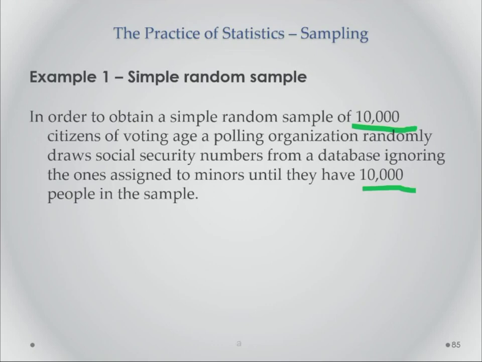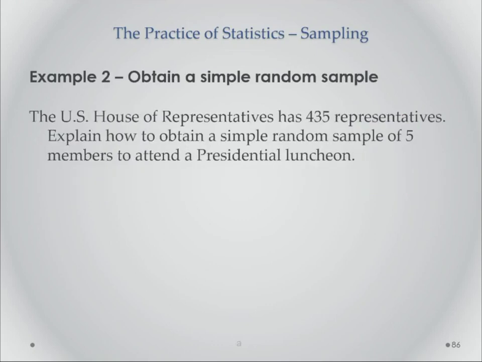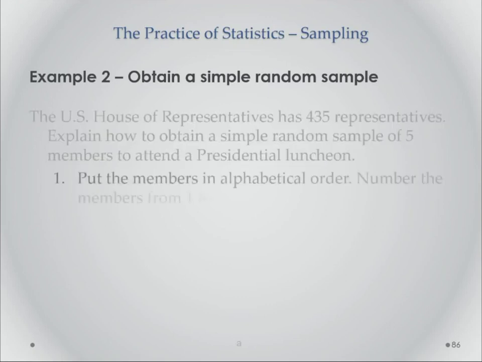Here's a different example. The House of Representatives has 435 representatives. How would we obtain a simple random sample of 5 members out of 435? These 5 members are going to attend a presidential luncheon.